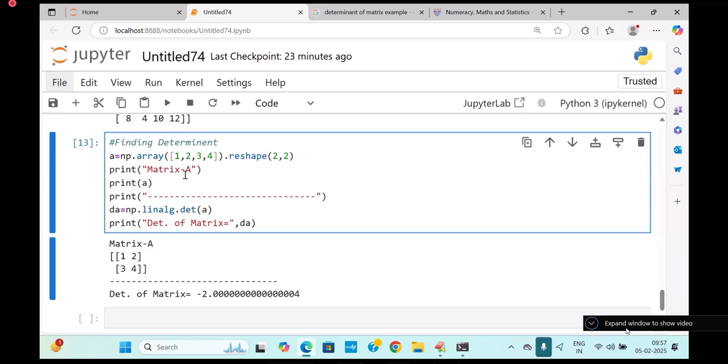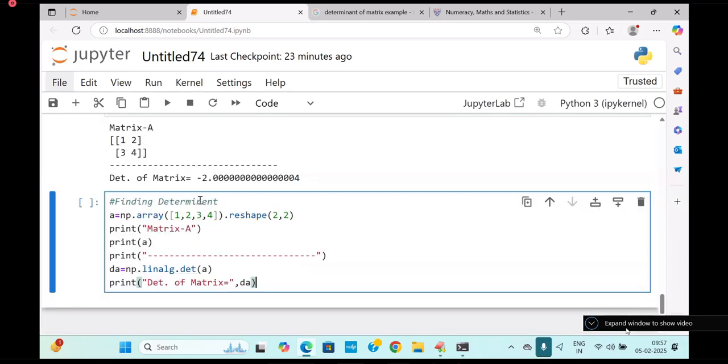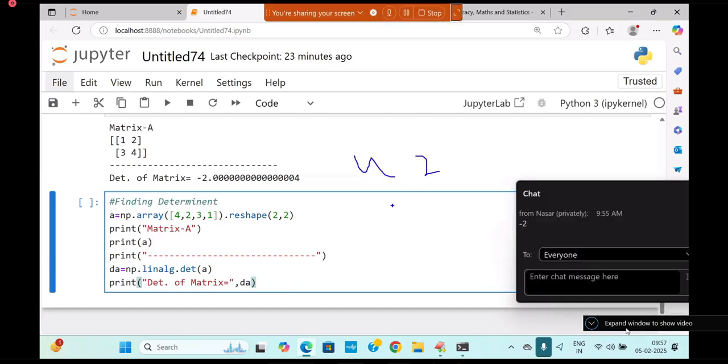Are you following me? Suppose I take the same thing and go for negative values. If I write here 4, 2, 3, 1, you will be getting like this 4 2 3 1. Also same, I think.